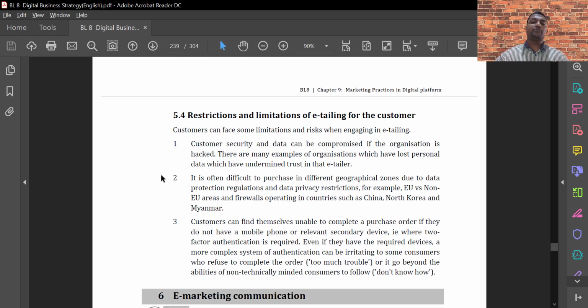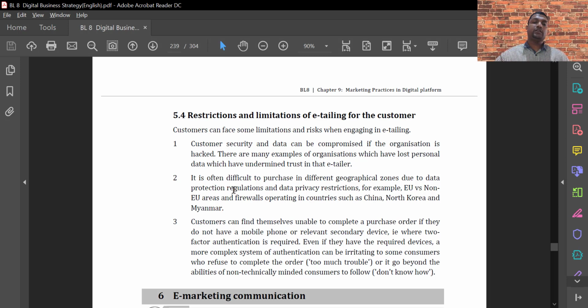For example, if you are working with customers in the UK, or with suppliers in the UK, then there will be additional rules and regulations. For example, GDPR might be applied.